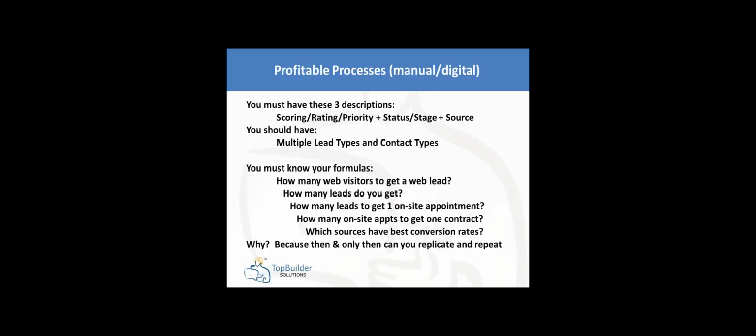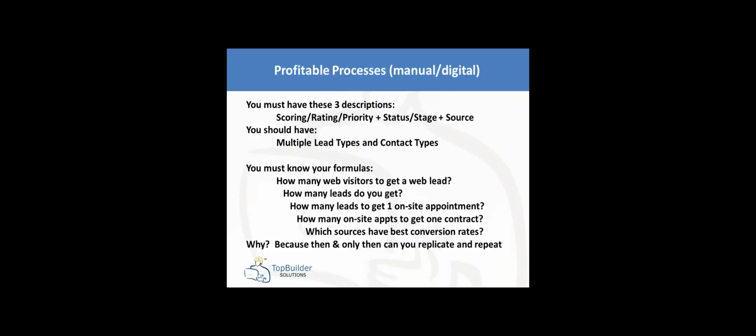So let's move on. Profitable processes. I often say that the profit is in the process, because if you're trying to do things manually, man, it takes so much time. Let's say your person makes $100,000 a year. That's about $50 an hour. So if over the next year that person has spent 10 hours entering data twice, not to mention mistakes that were made, or losing track of information, you're talking about hundreds of dollars, and that's just one person with one company.